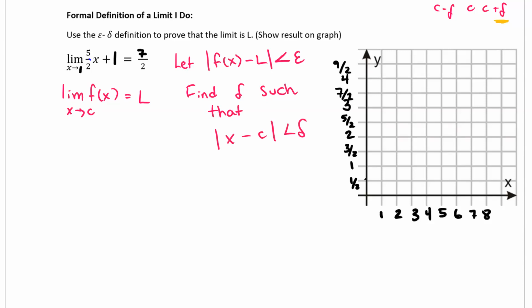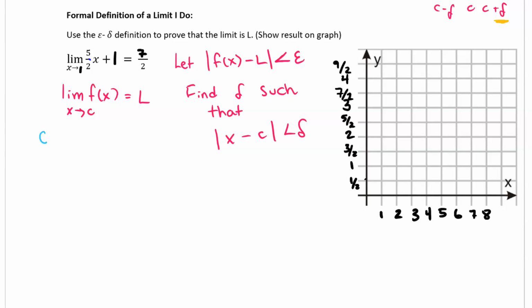We're going to get some variable expression with epsilon, that funky looking e there, some operation happening to it, and then we're going to choose delta of that value. So let's go ahead and do this problem, and then we'll look at it in the context of a graph.